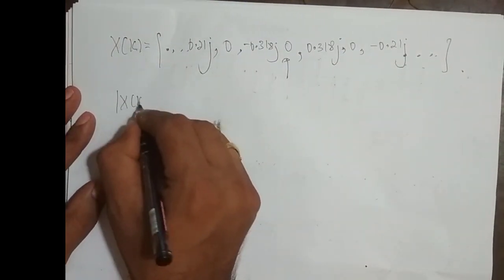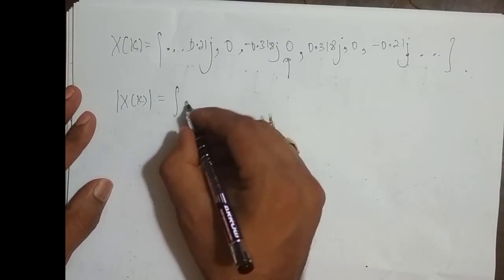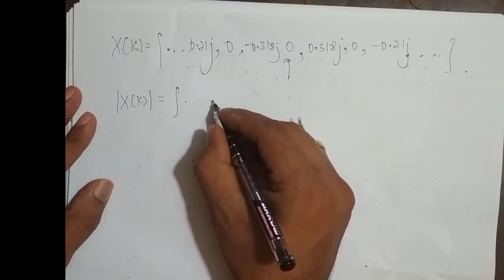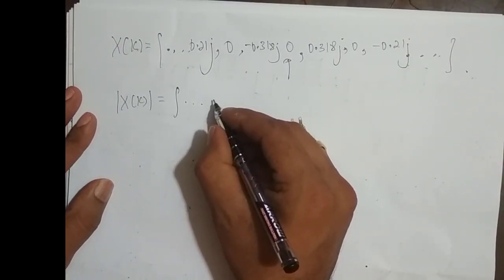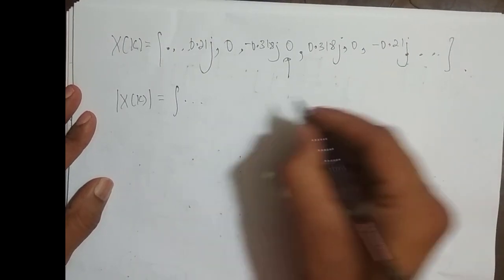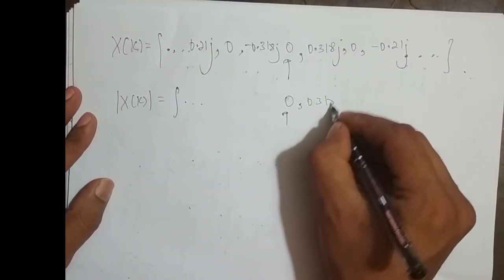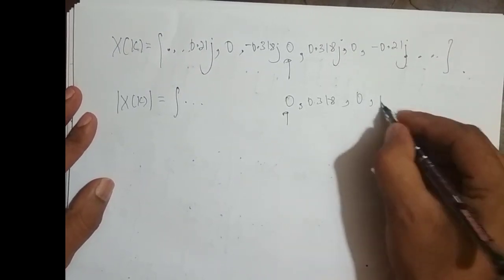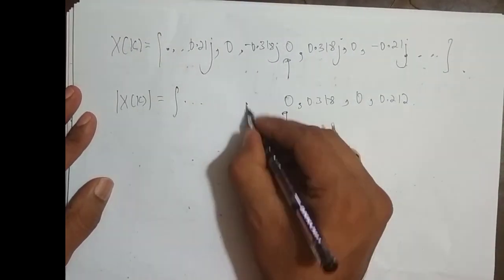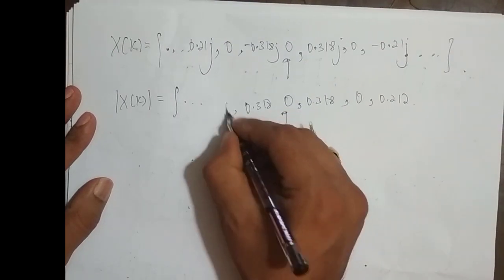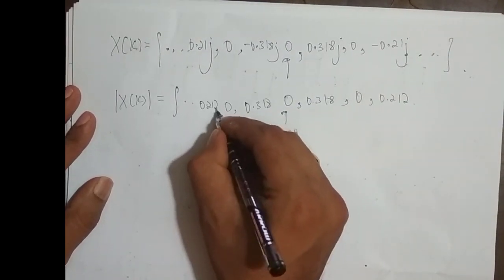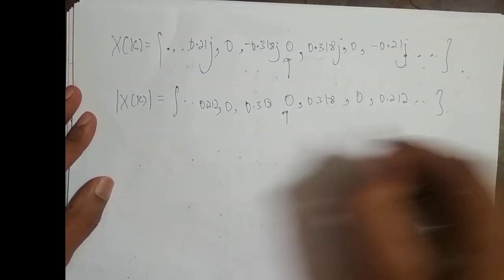So the magnitude of x of k is 0, 0.318, 0, 0.212, and on the negative side 0.318, 0, 0.212, and this goes on.